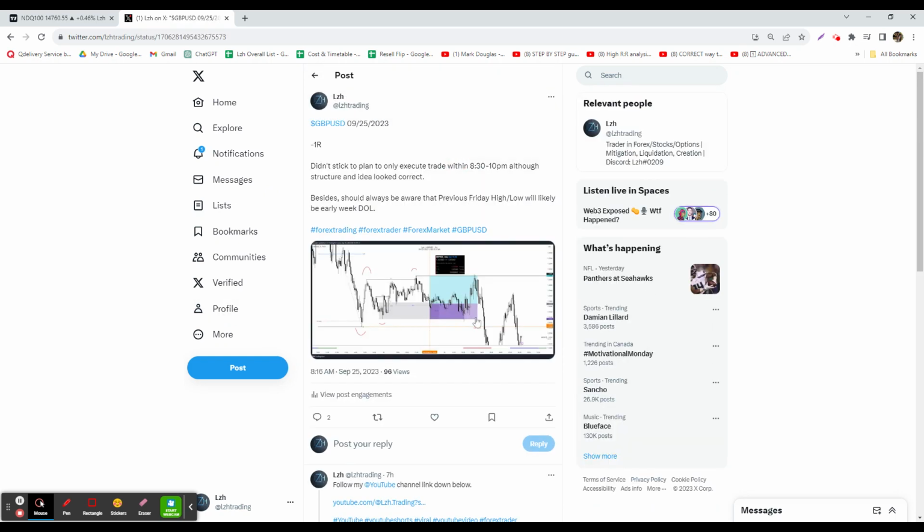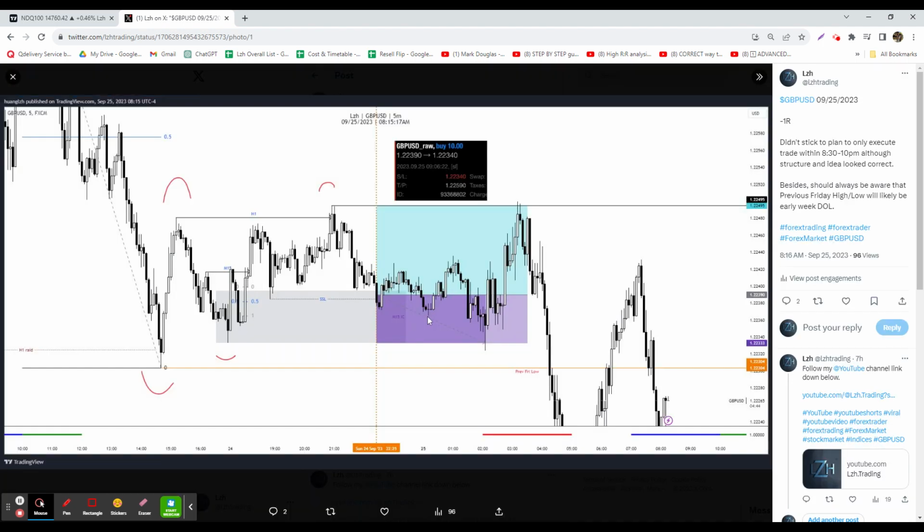I posted this during the morning time. This was taken yesterday, 10:30 p.m. EST. So to me, it was forming a higher low with a higher high with a break through the upside.